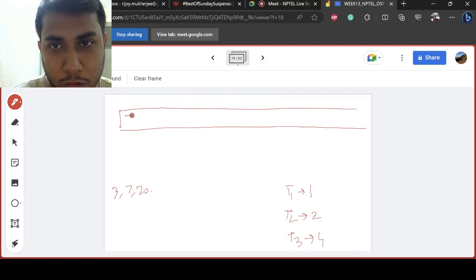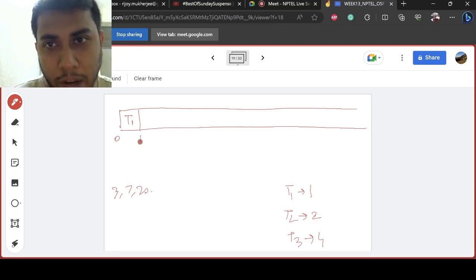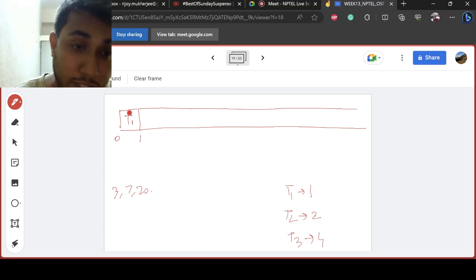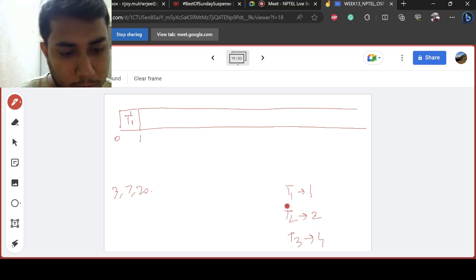So T1 is scheduled first because it is the shortest. The first instance of T1 is over at this time. Then the shortest after this is T2, so T2 is done for 2 seconds, from 1 to 3.